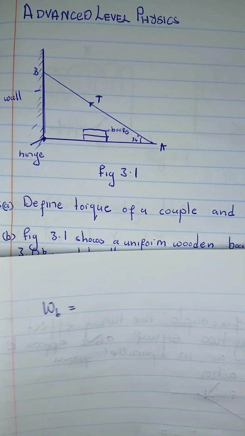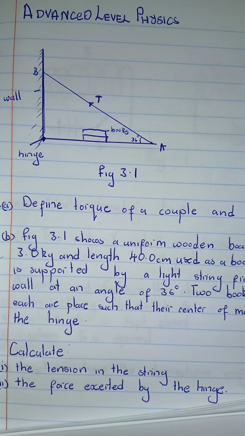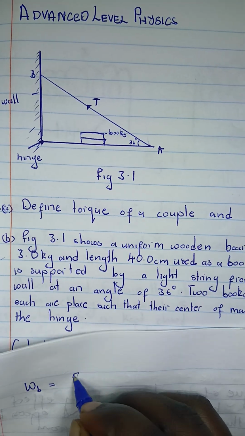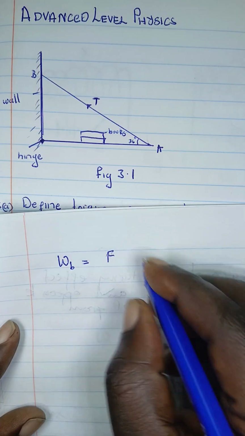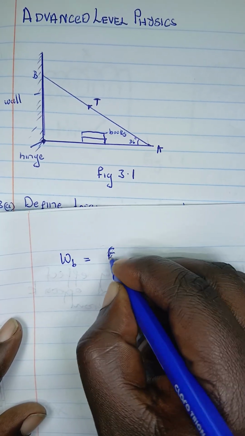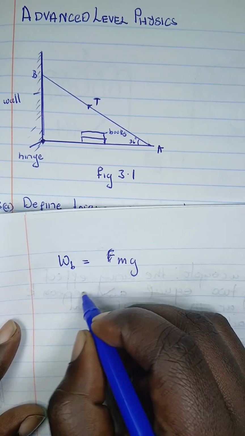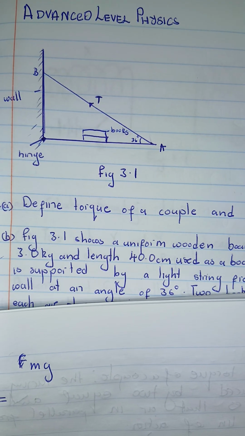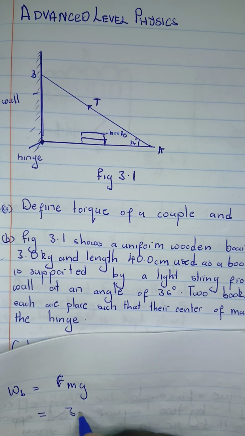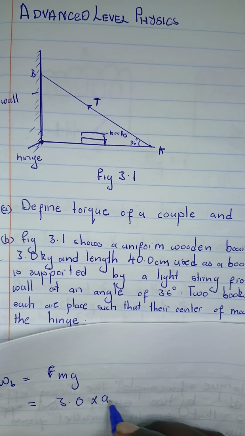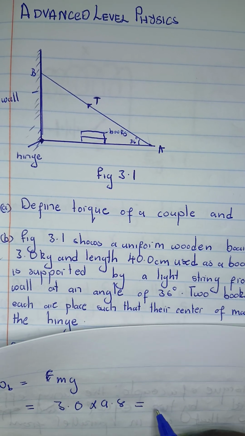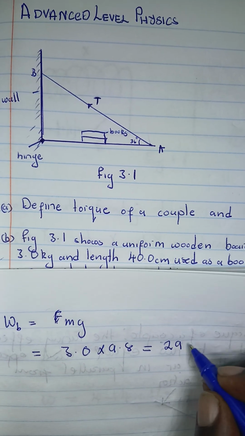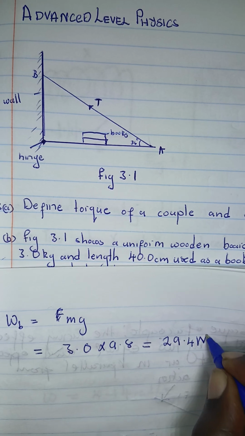Firstly, let's calculate the weight of the board. The weight of the board is equal to mass multiplied by acceleration due to gravity. So that's 3.0 multiplied by 9.8, which is equal to 29.4 newtons.